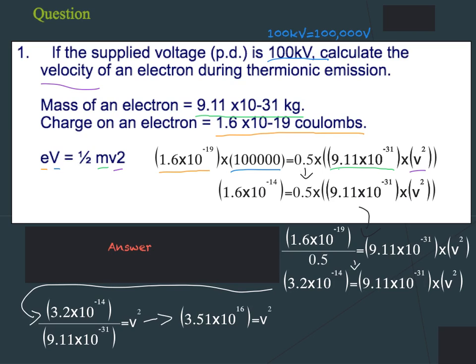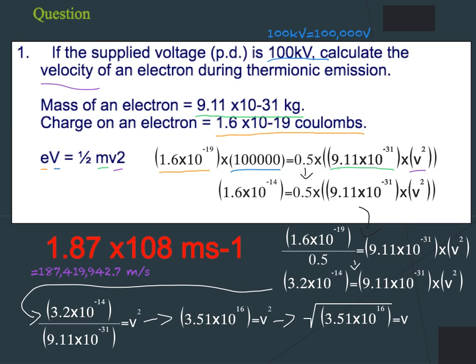We can now rearrange the equation one final time, this time doing the square root on each side in order to work out V, which will give us an answer of 187,419,942.7, which we can then finally put into standard form to give us an answer of 1.87 times 10 to the 8 meters per second.